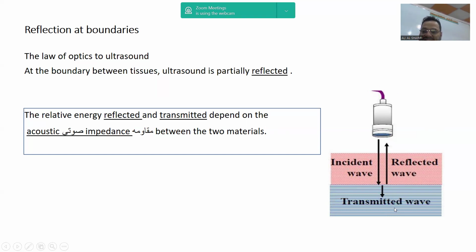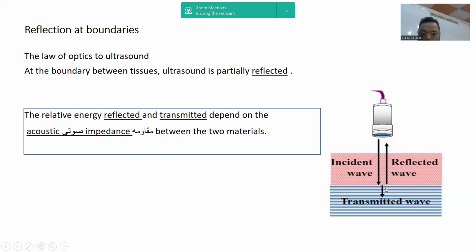Here, the technique is like that. We have two arrows. The first one is the incident ultrasound waves. The second is the reflected waves. Its direction is from the soft tissue back to the probe. The first one is from the probe to the soft tissue.